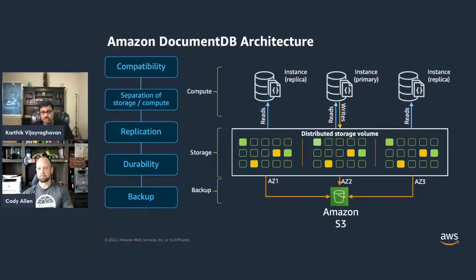So what this means to you is those instances are freed up to perform more compute-heavy work, which is what your application servers that sit on top of this layer would want, right? Because your application servers want that compute capacity so that your database can perform the queries that your users are looking forward to. So by offloading the replication task to the storage layer, we free up the compute instances.